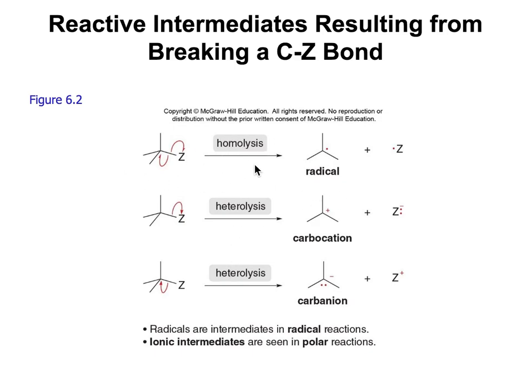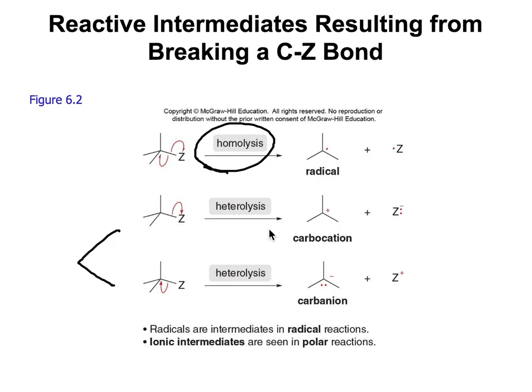So here is one example of each one of them. This one is the homolytic bond breakage, in which one of the electrons goes to that carbon, the other electron goes to the Z. And so this radical is extremely unstable and it's looking for electrons. And then here we have the two types of heterolytic bond breakage. One is where the Z is more electronegative than the carbon, and then at that point the Z will take the electrons and the carbocation will end up with a plus sign.